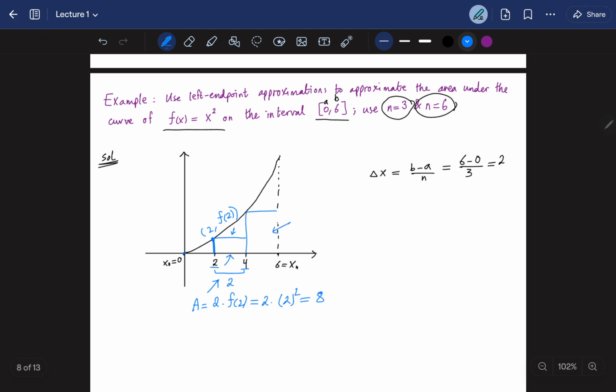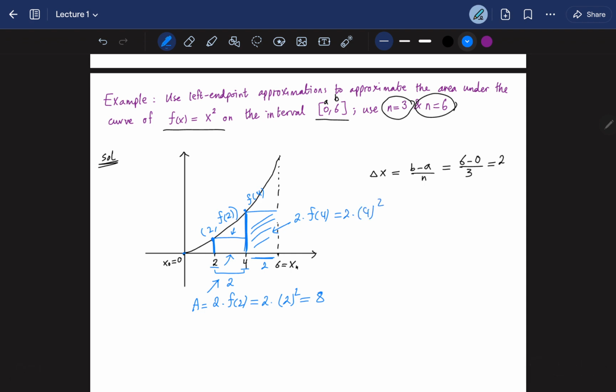Repeating the same process for this rectangle, we have the width of 2, the length of f of 4. So the area of this rectangle is just 2 times f of 4, which is 2 times 4 squared, and so on.